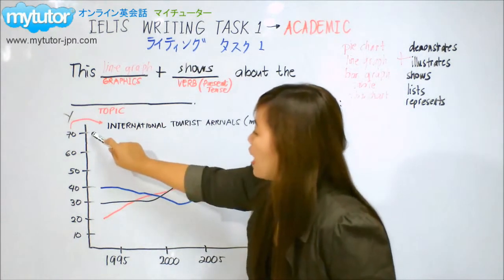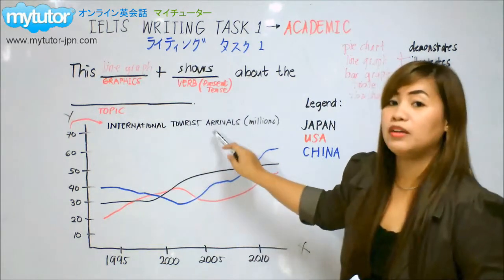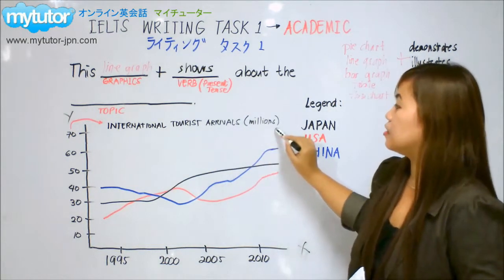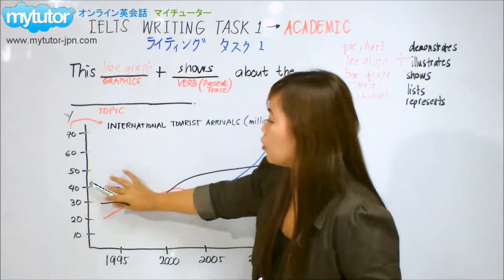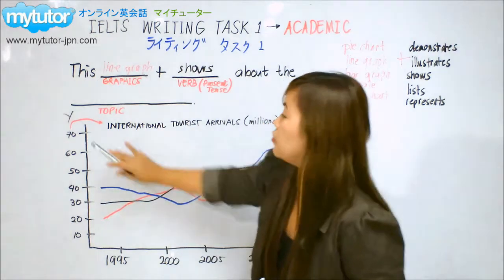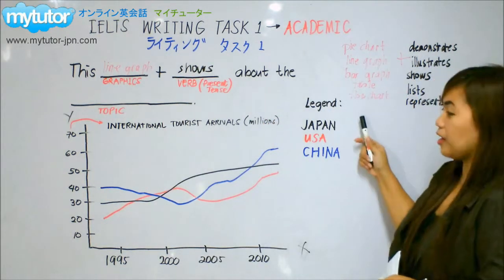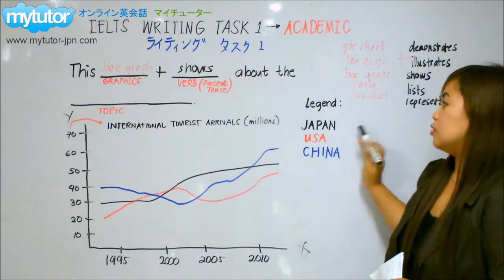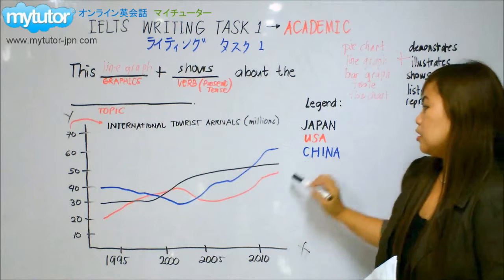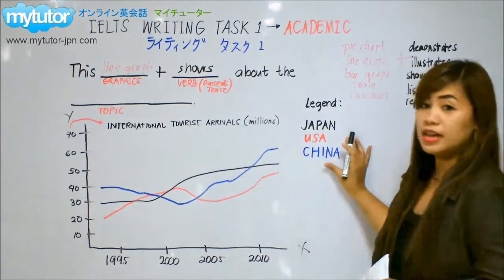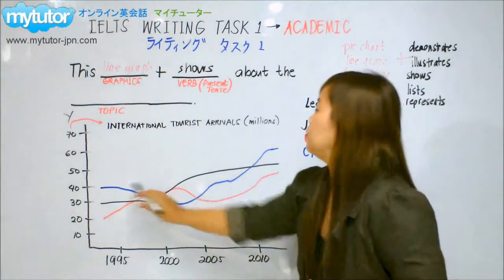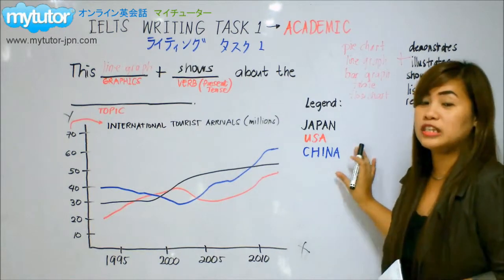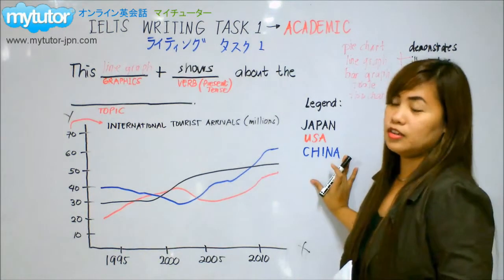Here in the y-axis we have international tourist arrivals, shown in millions: 10, 20, 30, 40, 50, 60, 70. And in the legend, the black line represents Japan, so these are the Japanese tourists. The red one shows Americans, USA. And the blue represents China, or Chinese international visitors.